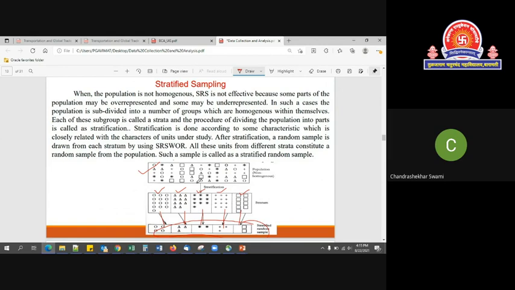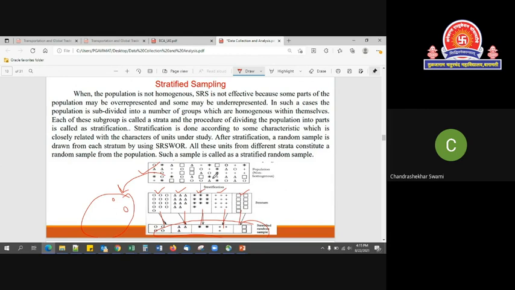If you select the random sample directly from this, it may be possible that no circle element is covered in our sample. Or it may be possible that only squares are selected in our sample and no other elements, so such a sample is not a good representative of our population.